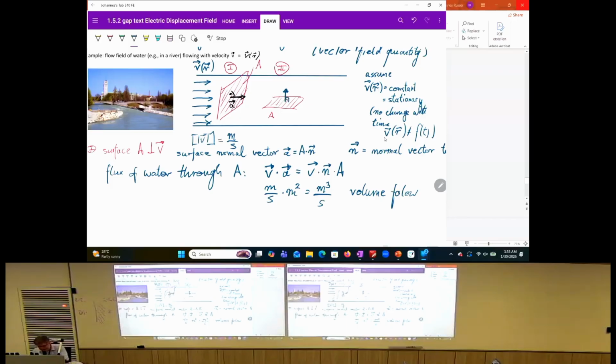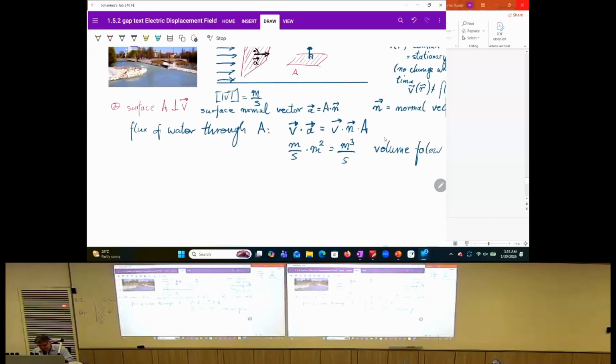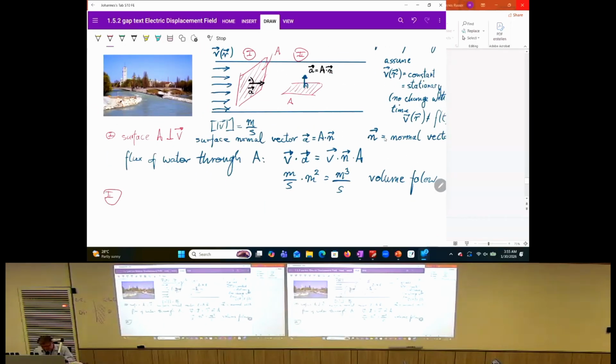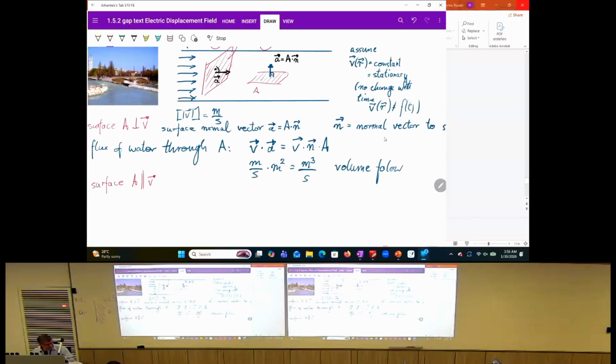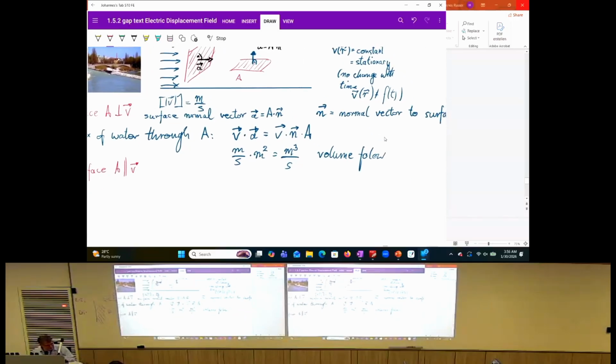As a consequence, our surface normal vector that takes into account both the area and the orientation of the area looks like this. So the situation that we have now is that the surface is actually aligned with the orientation of the vectors in the flow, in the velocity field here, in the vectorial field.